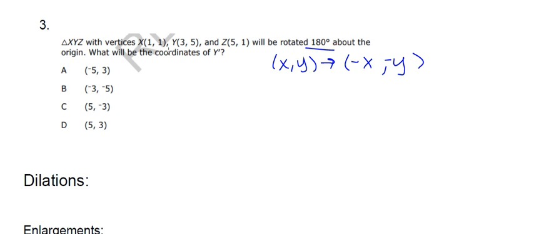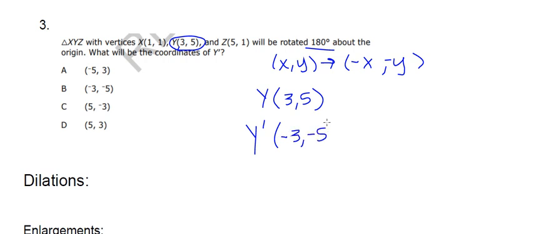So they're telling us to focus on Y. So Y is currently located at 3, 5. So Y prime is going to be located, when I change both of those coordinates, to -3, -5, and that gives us answer choice B.